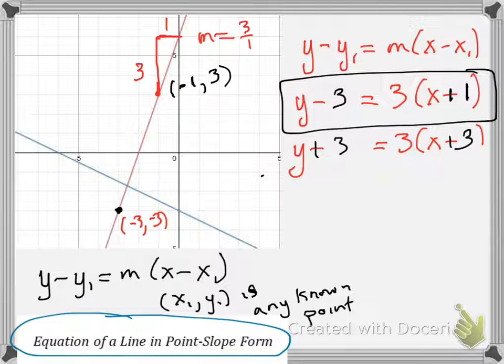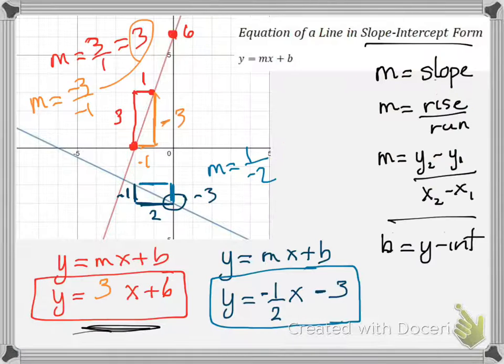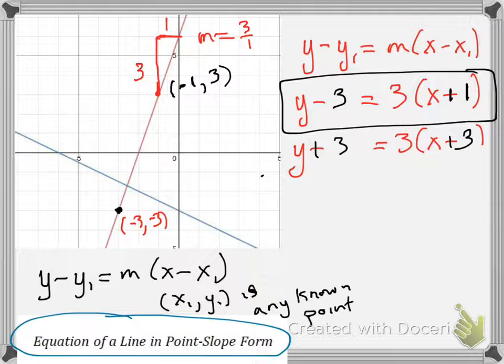That's just another equation for the same line. Point-slope form, you can take any point that you know. It doesn't have to be the y-intercept. When you're doing this one, you have to figure out exactly where it touches the y-axis, and if it's not a whole number, that can be a pain to work out. But if you choose to do it in point-slope form, even if they wanted slope-intercept, you could do this and then distribute and get it into the other form.